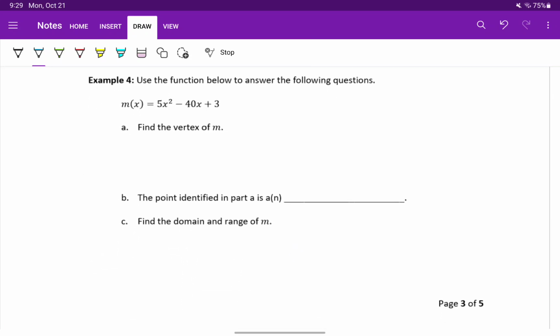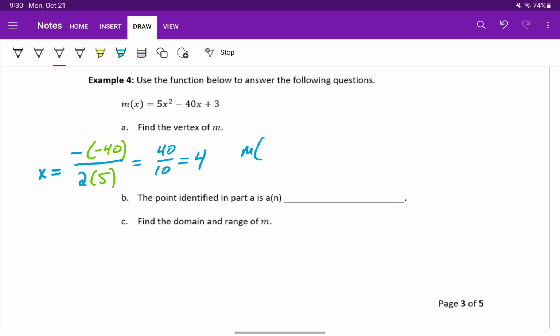Similarly, in example 4, we want to find the x-coordinate for our vertex. That will be the opposite of negative 40 over 2 times 5, which will be positive 40 over 10, or 4.